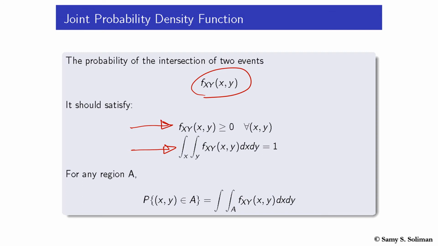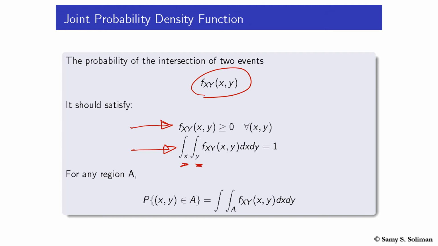Note here that since x and y are continuous random variables, the accumulation of the joint probability density function is calculated via a double integral, one over all the range of x and one over all the range of y.